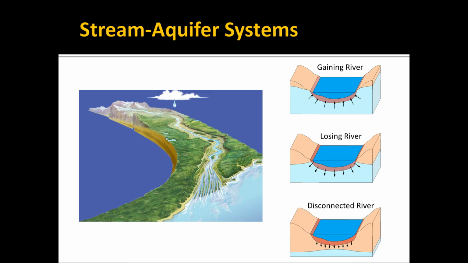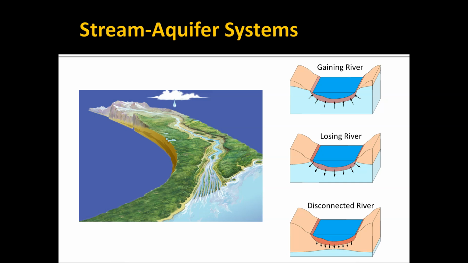And then sometimes we have what are called disconnected rivers. That is, if the water table is sufficiently below the river and the sediments below the river are of lower permeability than the aquifer, which is often the case, then we can get a disconnected river where there's a partially saturated zone between the river bottom sediments and the aquifer, and there's a slow, gradual percolation from the river down to the aquifer.